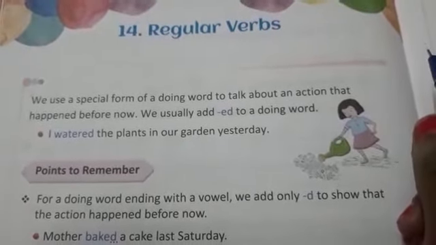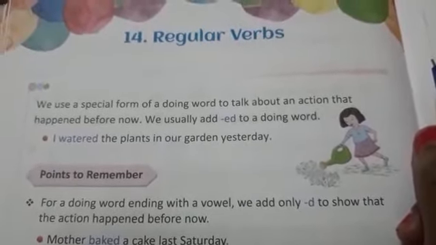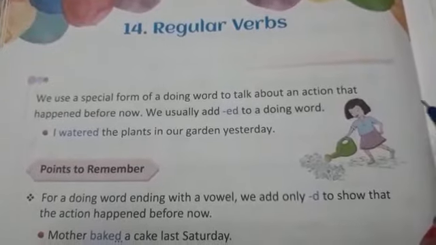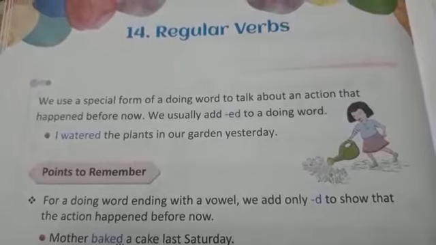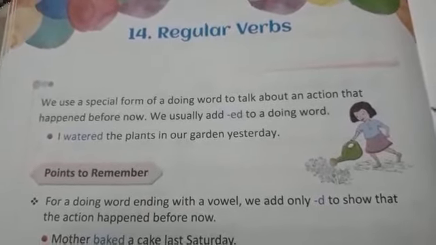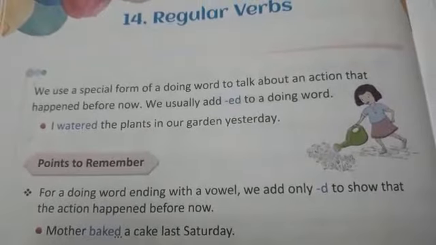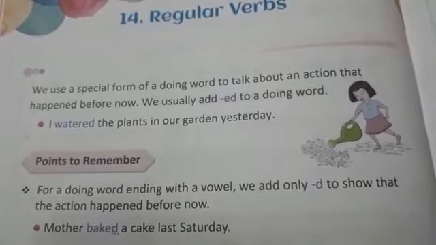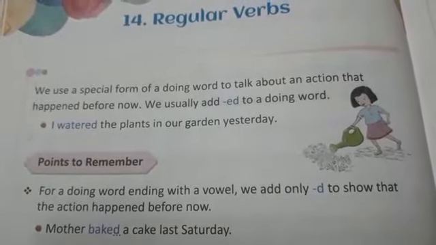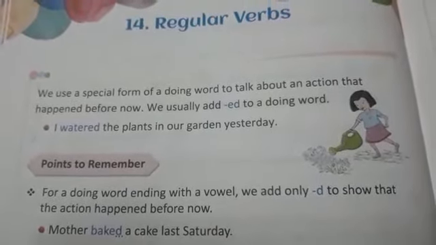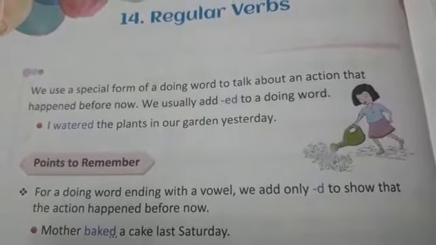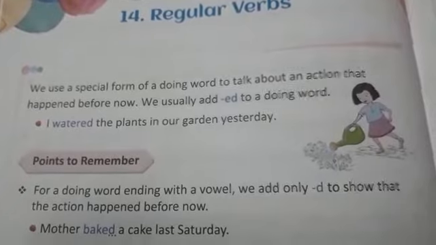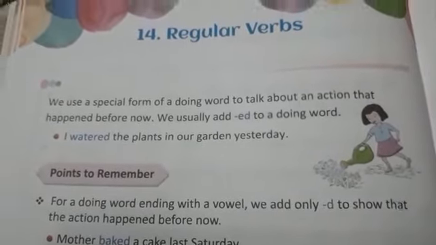That means the past, which you already did. For example, you watered the plant yesterday, you did an outdoor trip yesterday. So for an action done in the past, in that action word you have to add ed at the end.